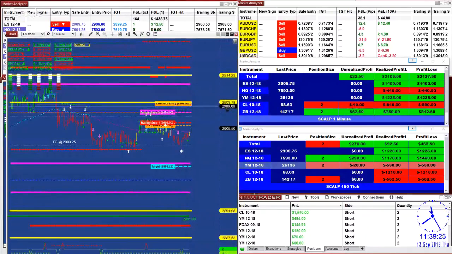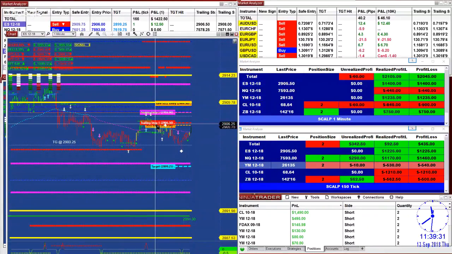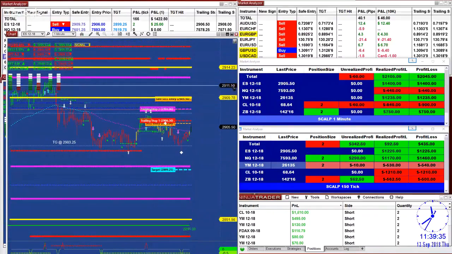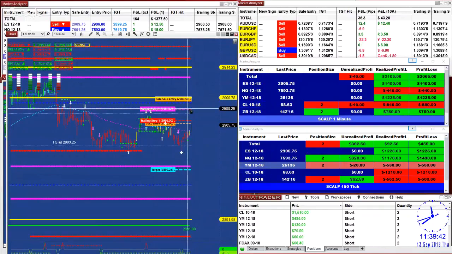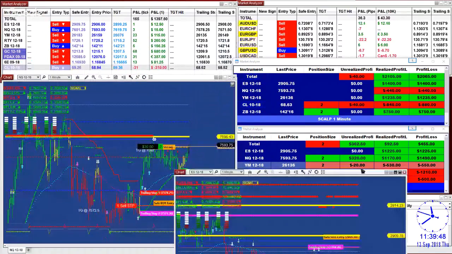It's amazing. Okay. The ES came into the resistance line, the trend stop one. What we need to see on the ES in order for the NASDAQ to do the job is this ES breaking those lines in order to see the NASDAQ start breaking out. The NASDAQ is coming.